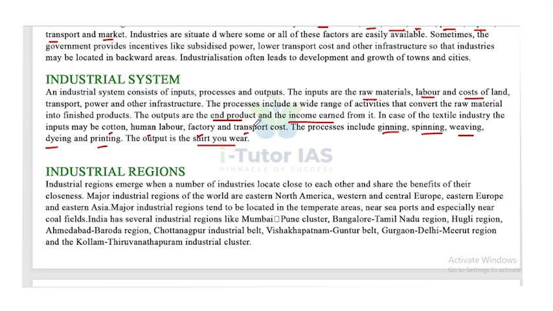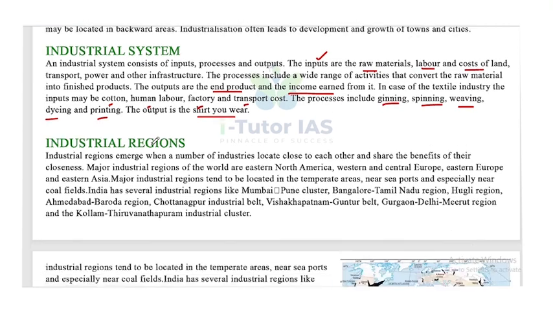There are three parts: the input, then the process, and the final one is the output. In the textile industry, the inputs are cotton, human labor, factory and transport cost, and the processes include ginning, spinning, weaving, dyeing and printing, and the output is the shirt you wear.